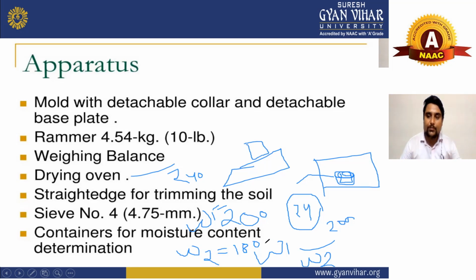That means you are getting 20 gram less. If you calculate, it will be 10%, meaning the moisture content of that soil will be 10% after 24 hours. You have to do these things in all the tests when you perform in your geotechnical lab.